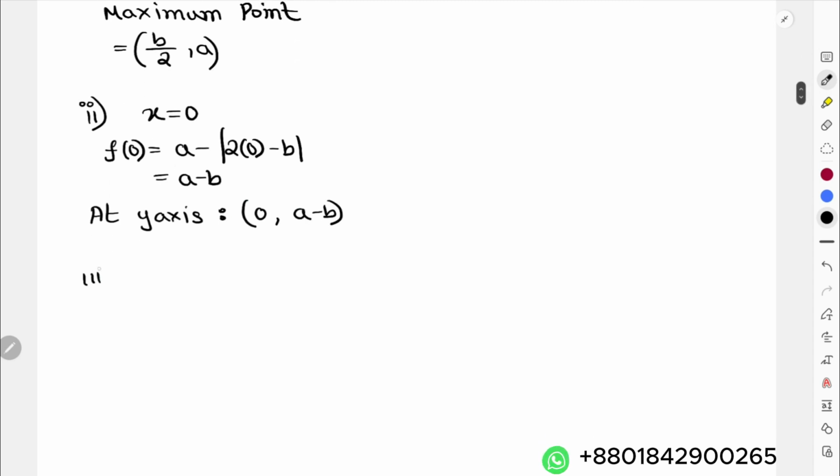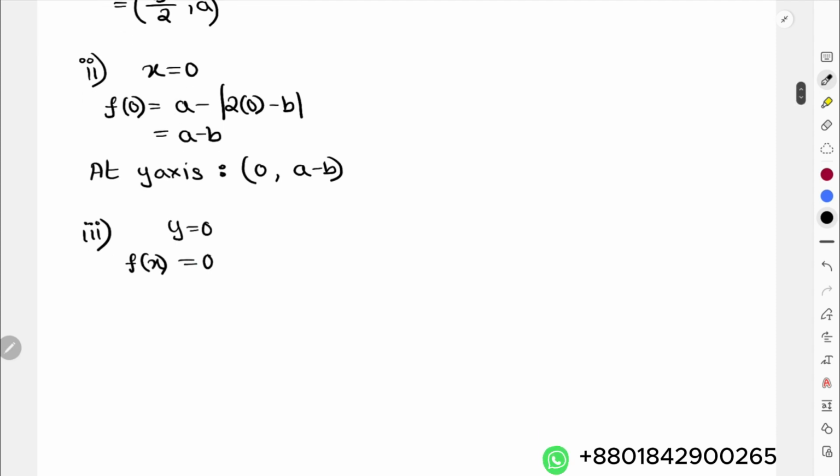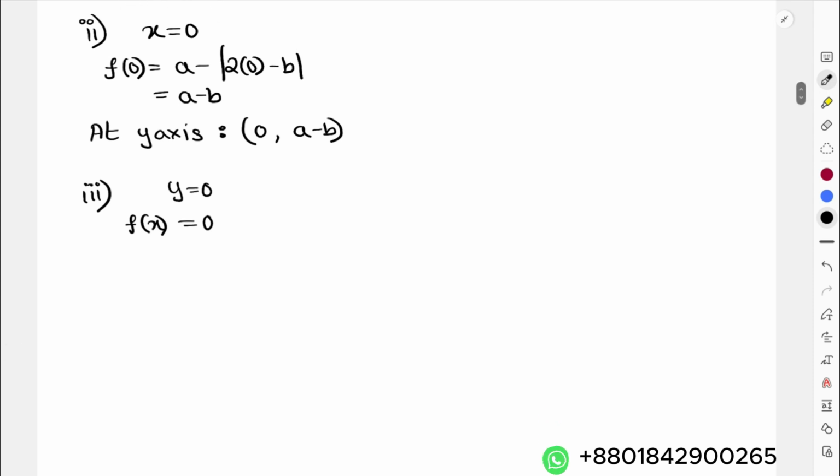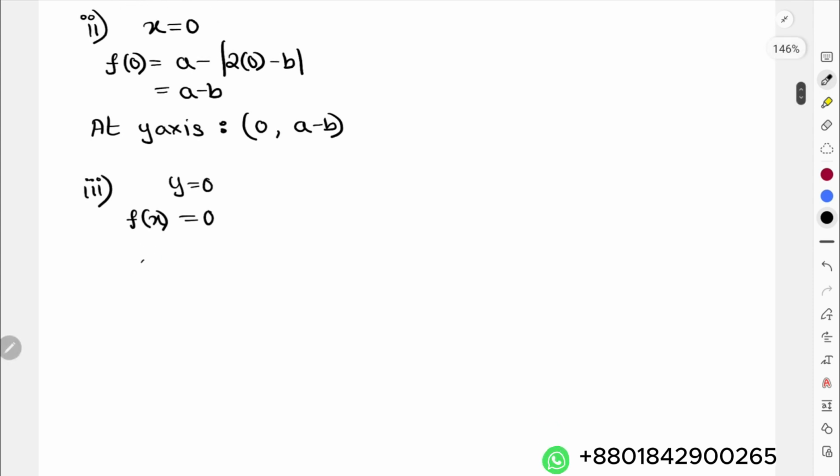And then again for your part 3, we want to find out where the graph intersects with the x-axis, right? So at x-axis, your y is equals to 0. So f of x is equals to 0. If f of x is equals to 0, then I have to take the positive function and negative function there, right? Your modulus of 2x minus b is actually a piecewise function. It could be either 2x minus b positive or 2x minus b negative, right?